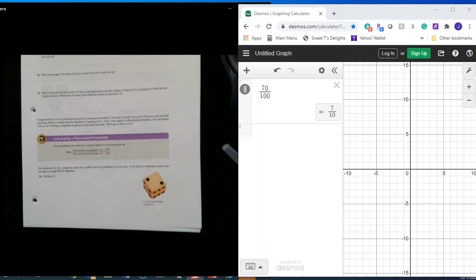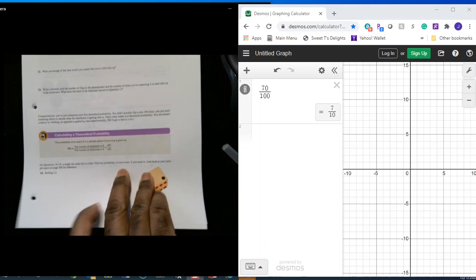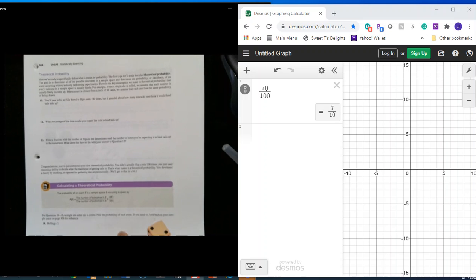Now on this page, it says here theoretical probability. It says now we're ready to specifically define what is meant by probability. The first type we'll study is called theoretical probability. The goal is to determine all of the possible outcomes in a sample space and determine the probability or likelihood of an event occurring without actually performing experiments.